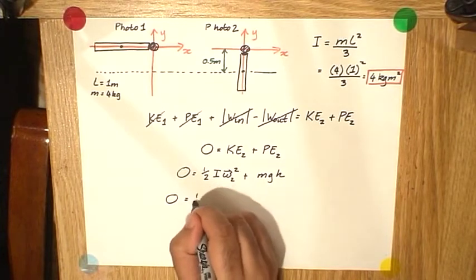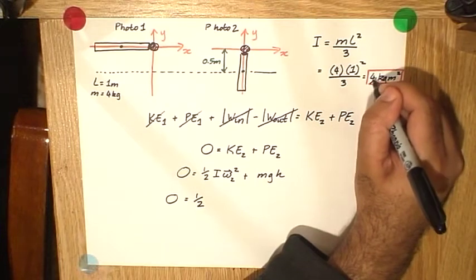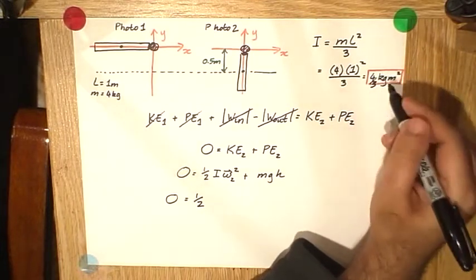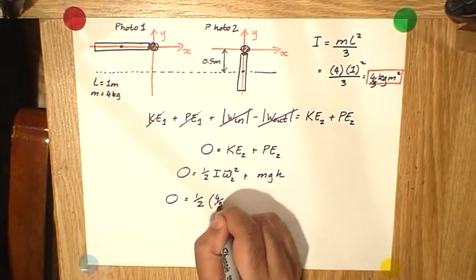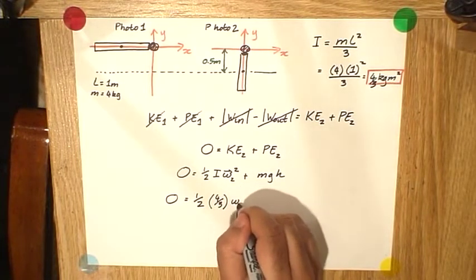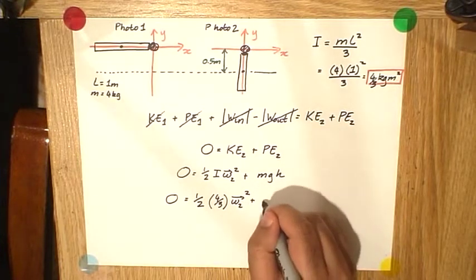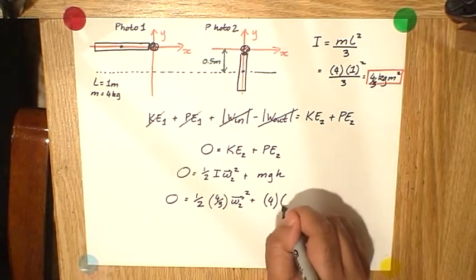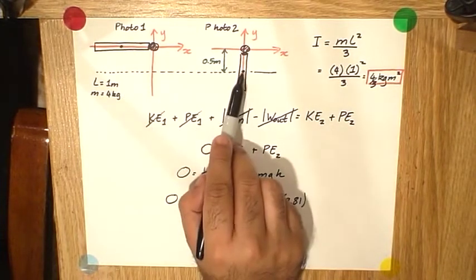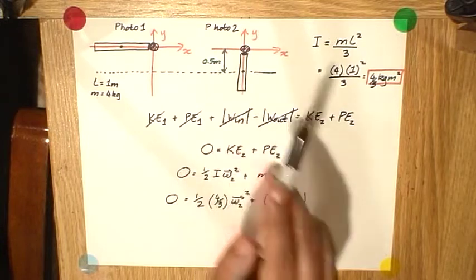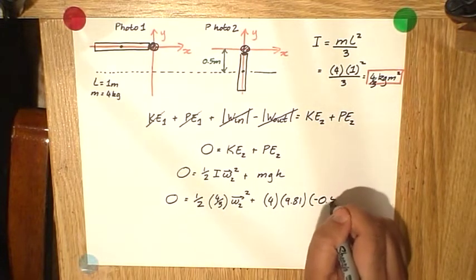Now, let's plug in everything that we know. 0 is equal to 1/2. The moment of inertia, I should have written 4/3. It's 4/3. Times omega 2 squared plus mass 4. Gravity 9.81. Height, in this photo it has descended below where it started, so that means that the height is actually going to be negative 0.5.